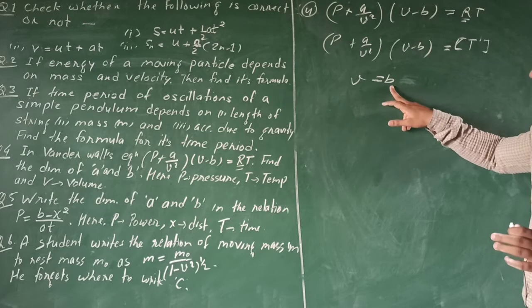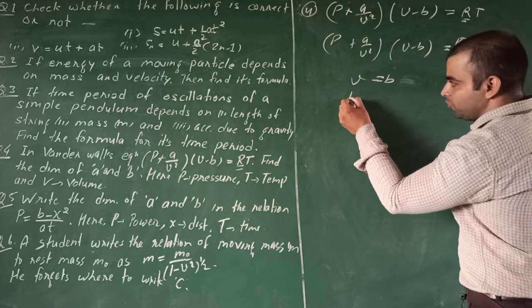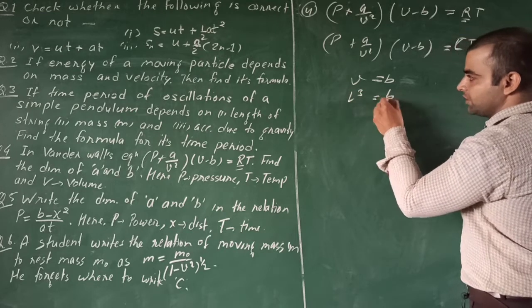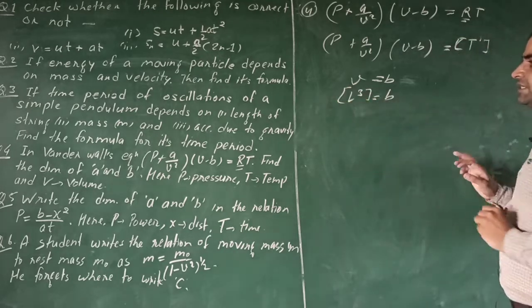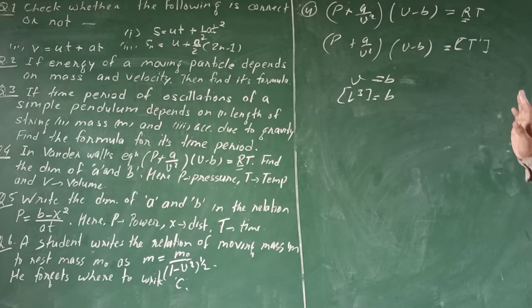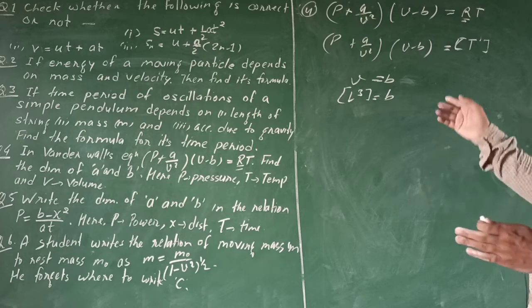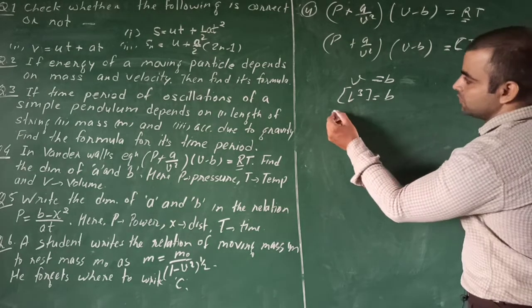The dimension of volume is L cube, so the dimension of B is L cube. And this other term will have the same dimension, so we find this also.